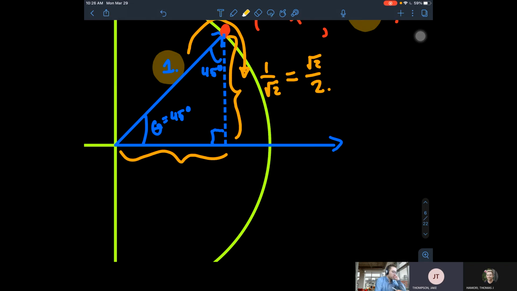And it's similar to the relationship between the angles 45 and 45. Since the angles 45 and 45 are the same, the side lengths, which are across, will also be the same. I keep forgetting. So this should also be square root of 2 over 2.